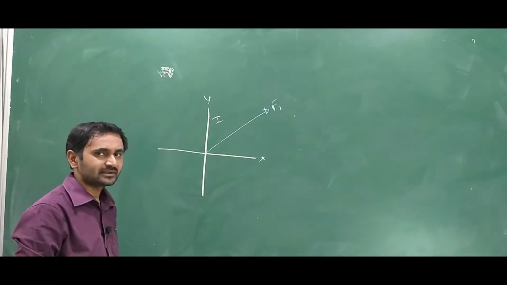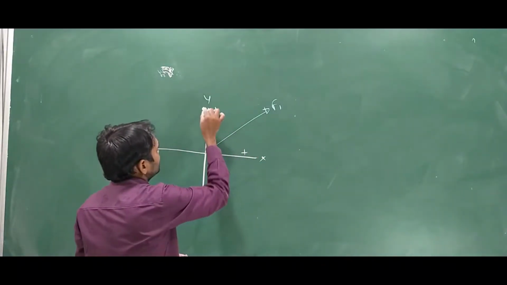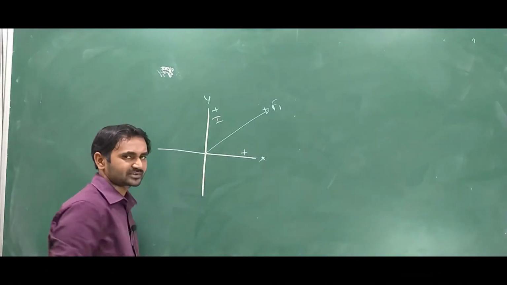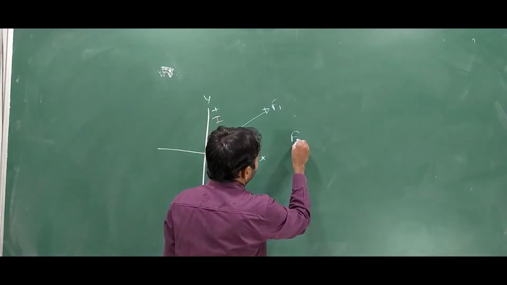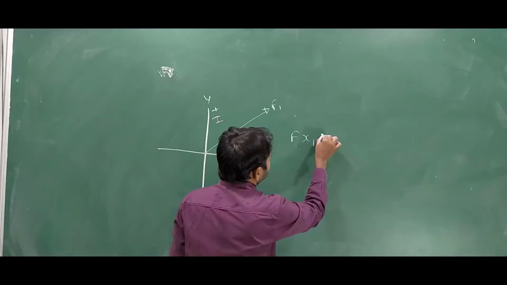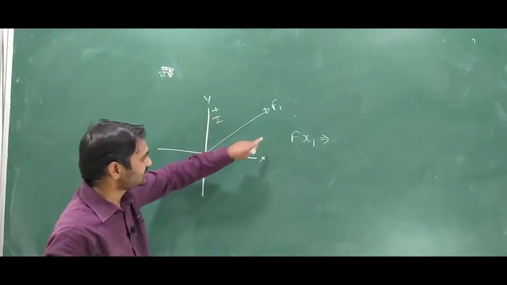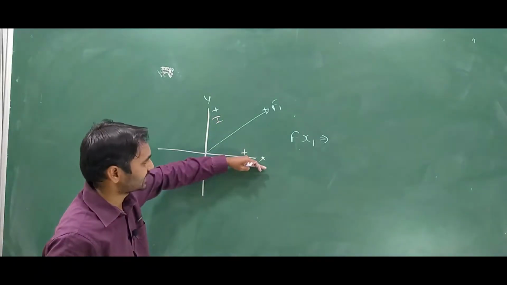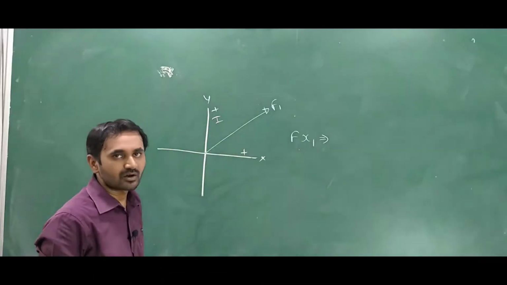This is positive, this is positive. Then I want to write the force Fx1, where x1 represents the force in the first quadrant, and we have to resolve this force towards x. When I am resolving this force towards x, you will get cos.